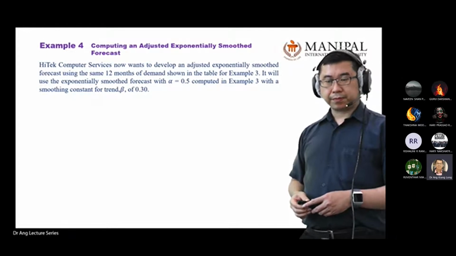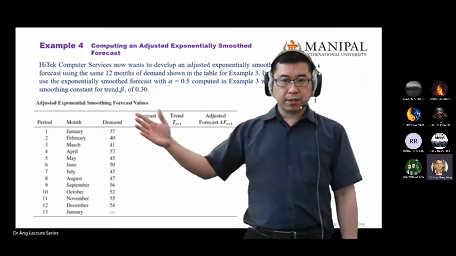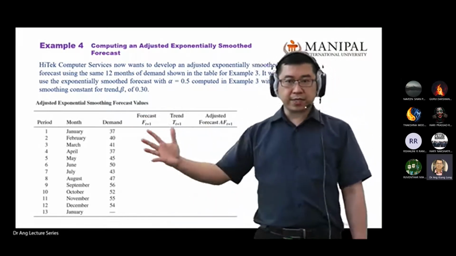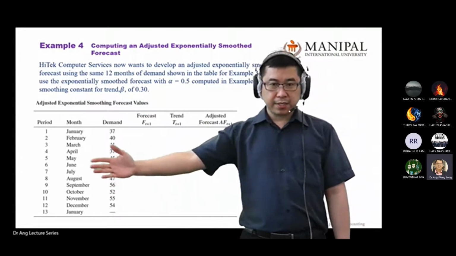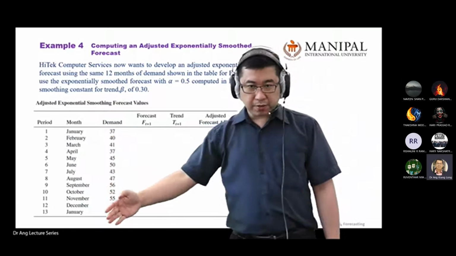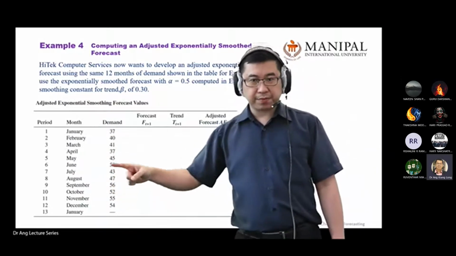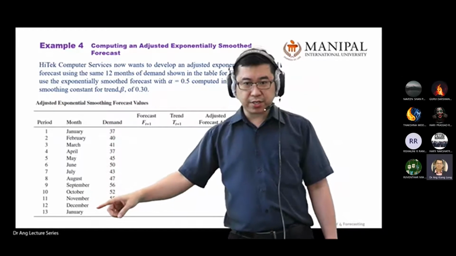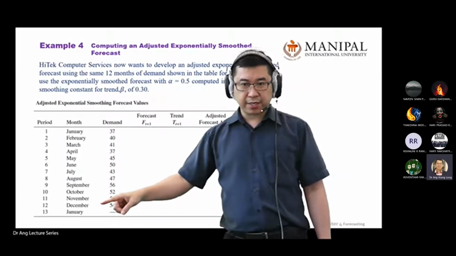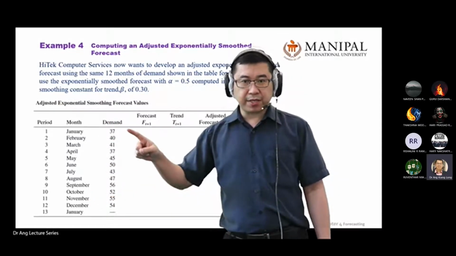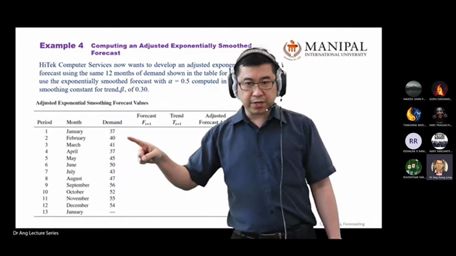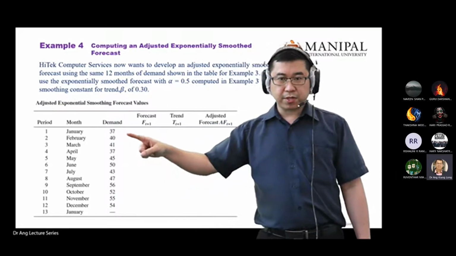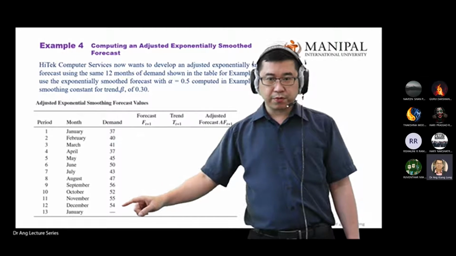We recall the same table. You have the period from 1 to 13, months from January to December, and then the next year's January. You have the demand, the real data, from 37 to 54.